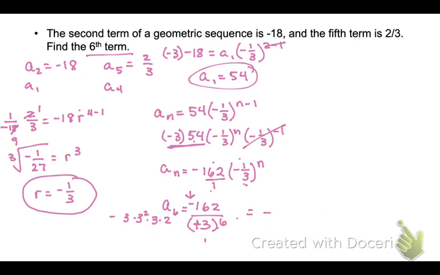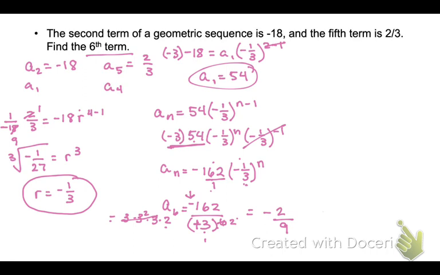So how many 3s can I reduce out? 4. So I have negative 2 as my numerator, and 3 to the second, which is 9. So negative 2/9.